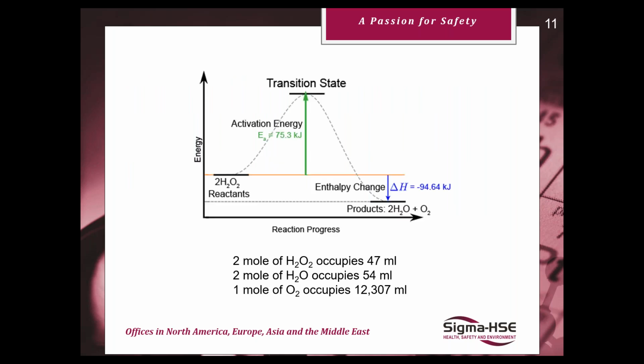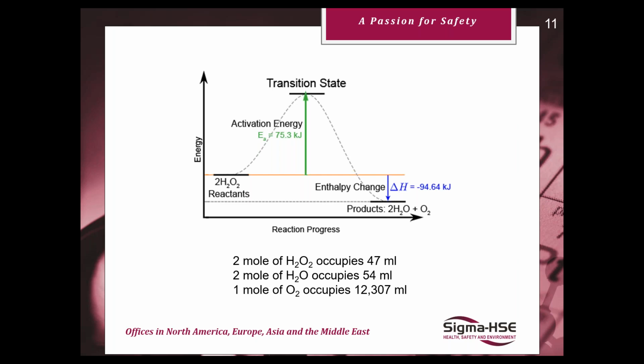So just as a bit of an example, this would typically be understood as a decomposition reaction, but say for the purposes of this that we wanted to produce water and oxygen on the right hand side, and we only had some hydrogen peroxide, our reactants, on the left hand side.